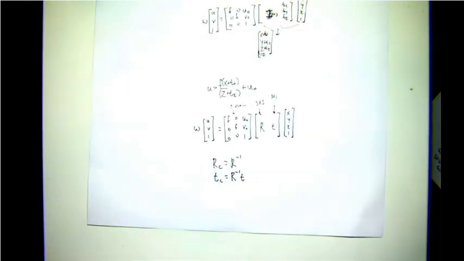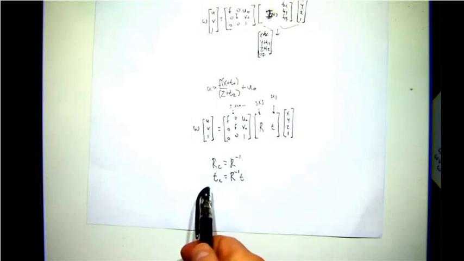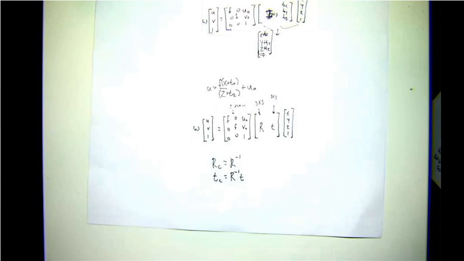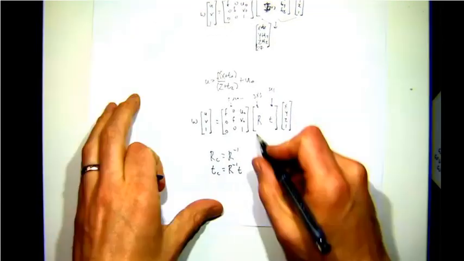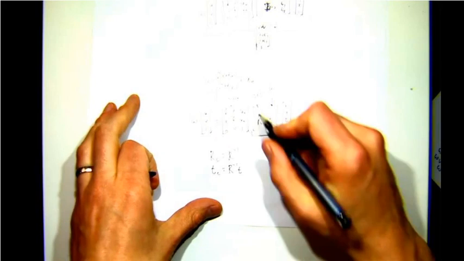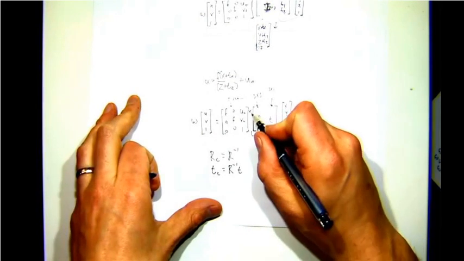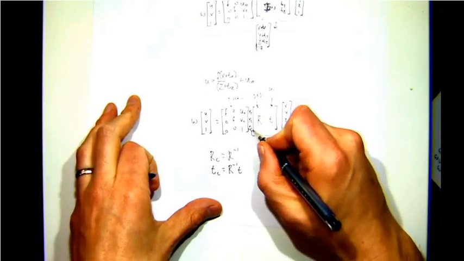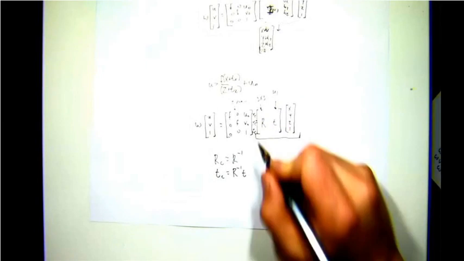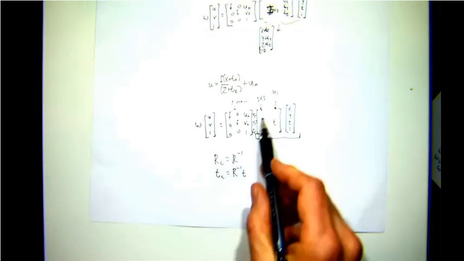So this would be the rotation of the camera in world coordinates. Since R maps from world to camera, to map from camera to world it's the inverse of R. And T is the position of the camera in world coordinates, which you can solve by using this portion, setting that this is xc, yc, zc, and then solving for the translation from xc, yc, zc back.